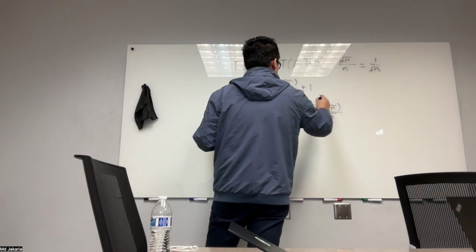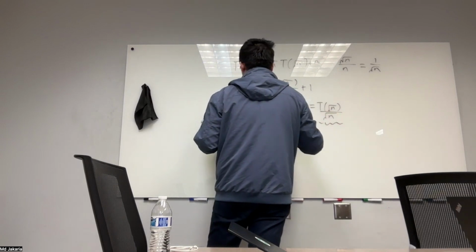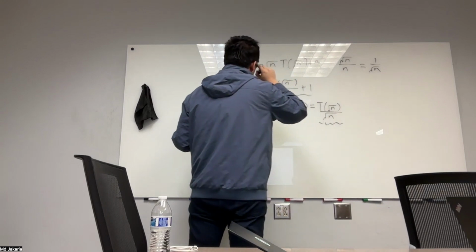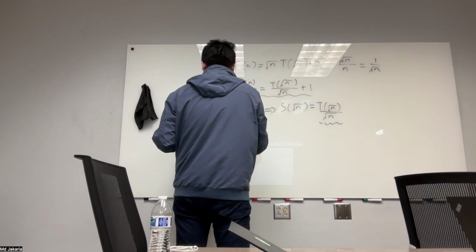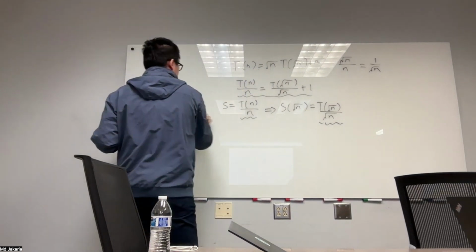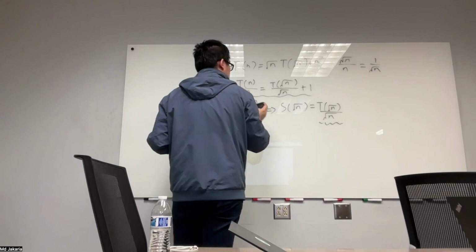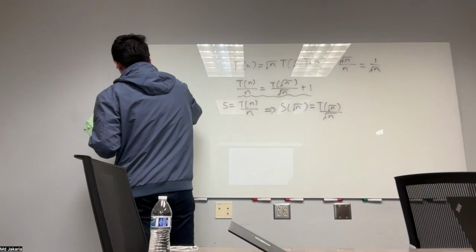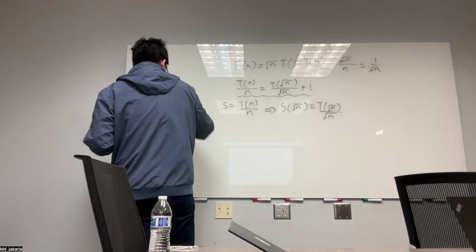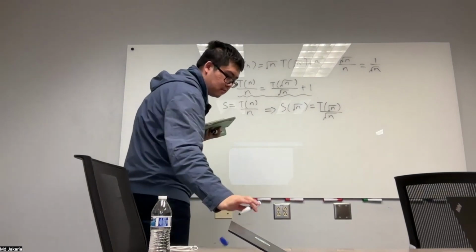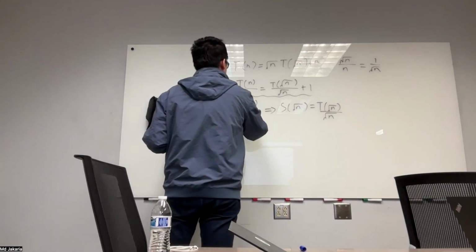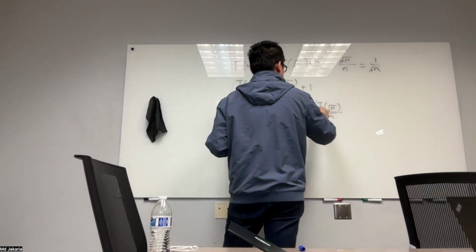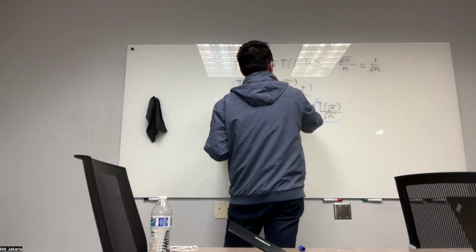So by looking at this part and this part as well as this part, this equals that, and this one equals that.